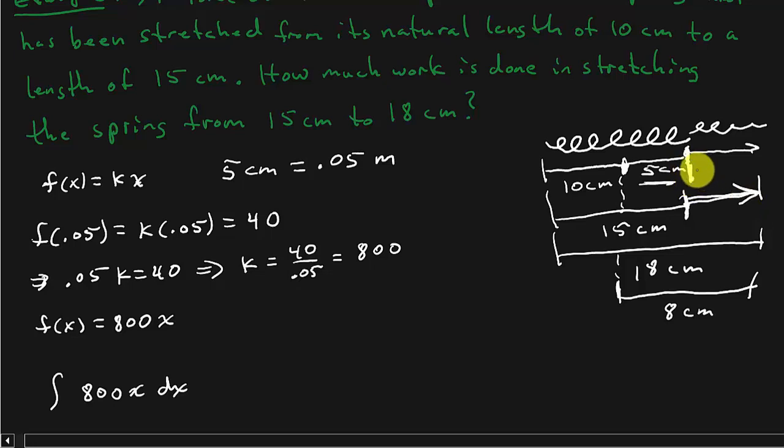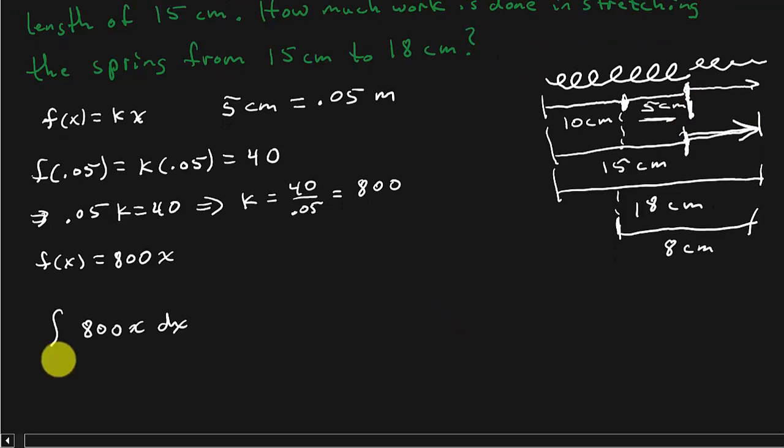We're starting at 5 centimeters, which we know is 0.05, and we're going out to 18 centimeters, which is an additional 8 centimeters. You see that? We stretched it an additional 5 centimeters. So there's your 0.05. And then out to an additional 8 centimeters past its natural length. And so 8 centimeters is equal to 0.08.